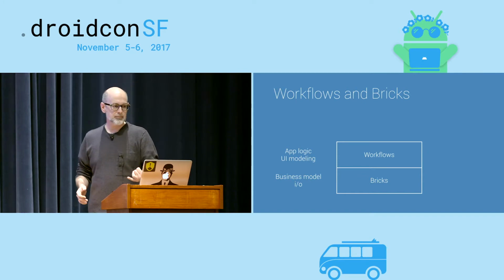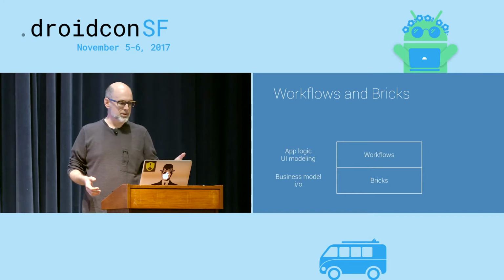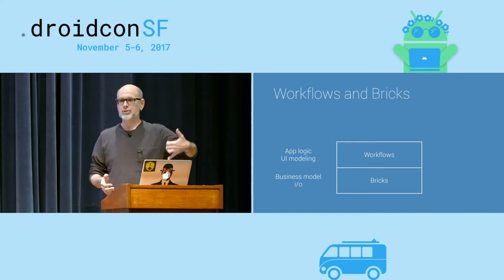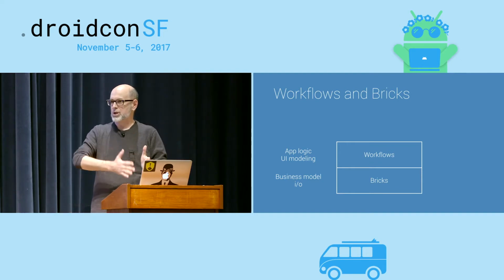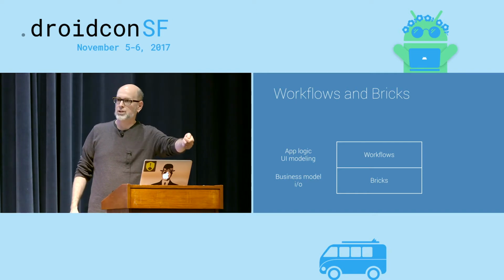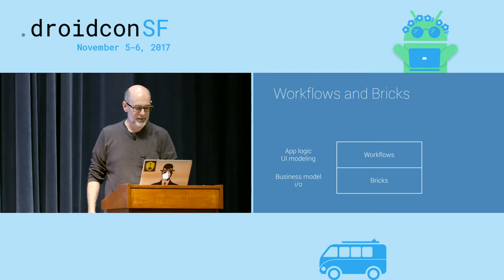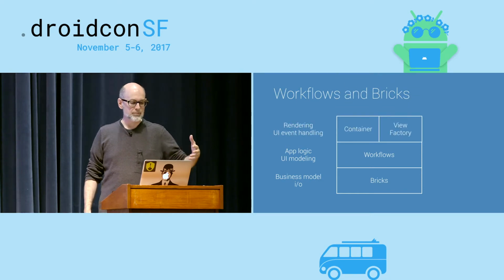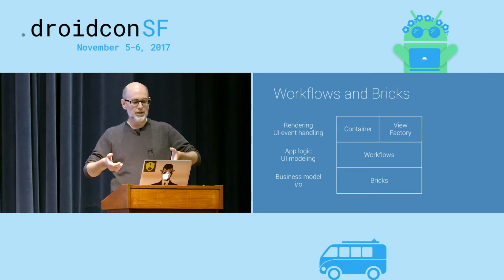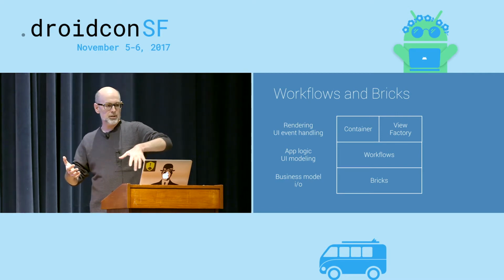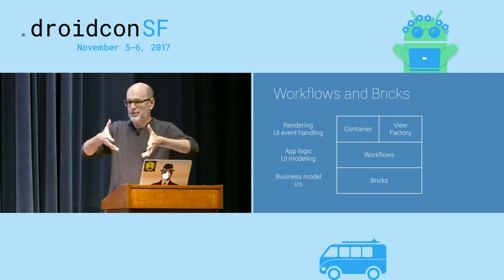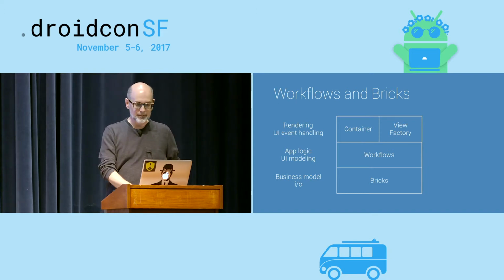If the bricks are modeling our business logic, the workflows are modeling our UI, how we actually present the business logic to the user, what's a screen, how do we navigate from screen to screen, what is the data that is painted on the screen, and what events come back in through it. And then finally, up at the top, we declare some bindings on a view factory to render the workflows in a top-level container, like a frame layout or something, that the user can actually see.